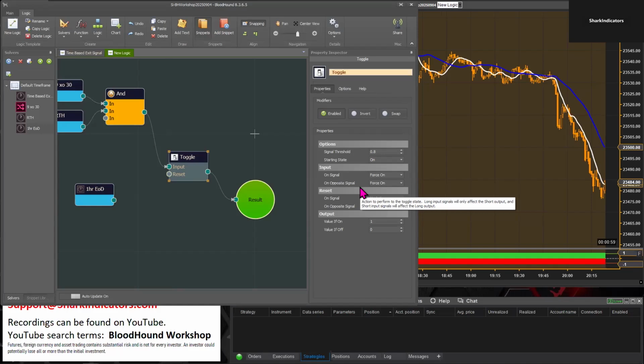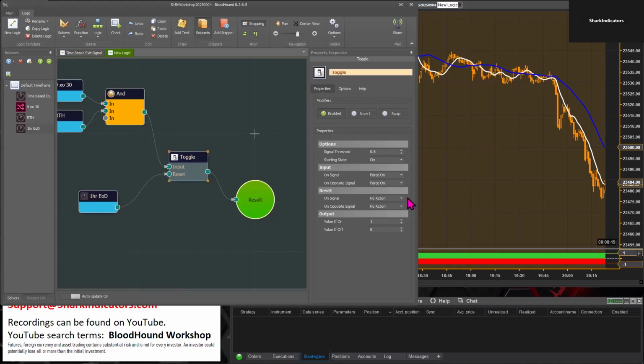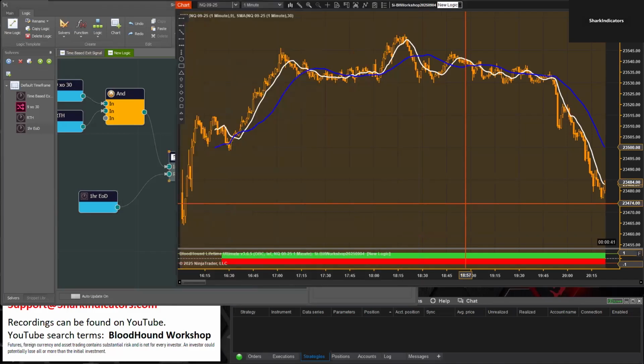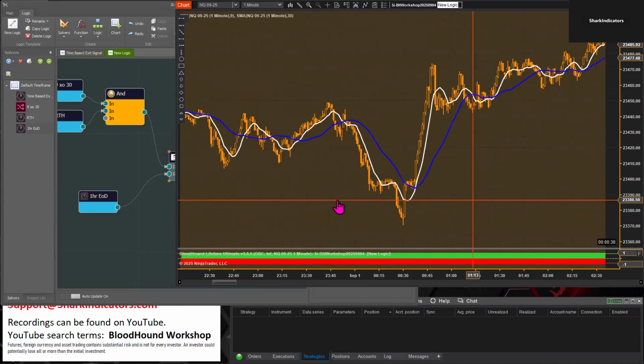So the toggle node will never turn off. So we're going to use this end of day signal connected into the reset, and now we'll use the reset to turn the toggle node off, like so.